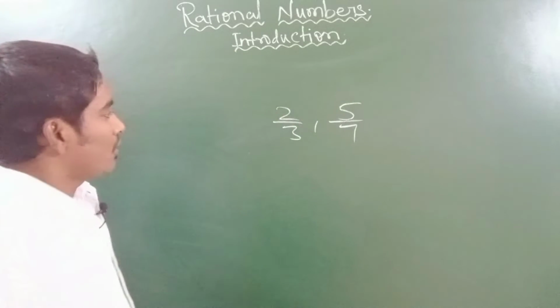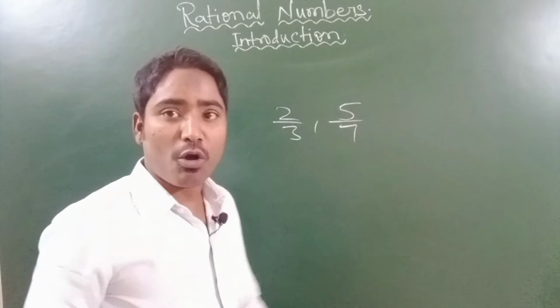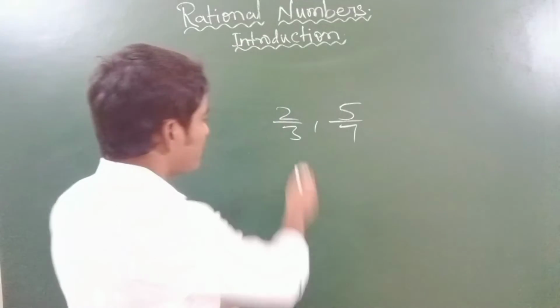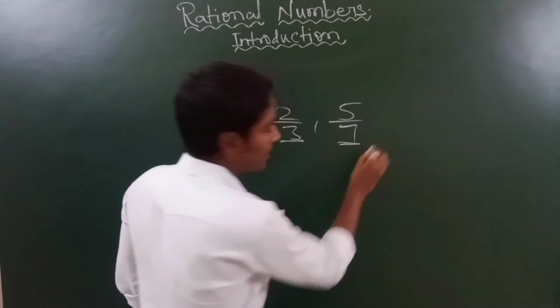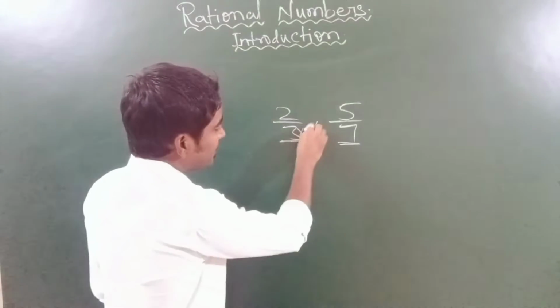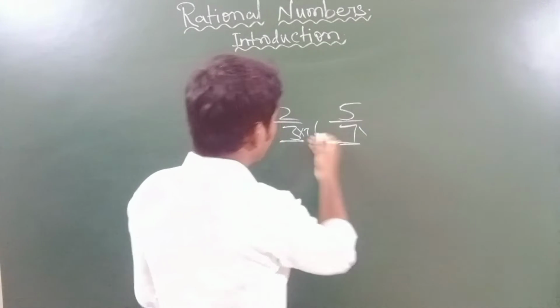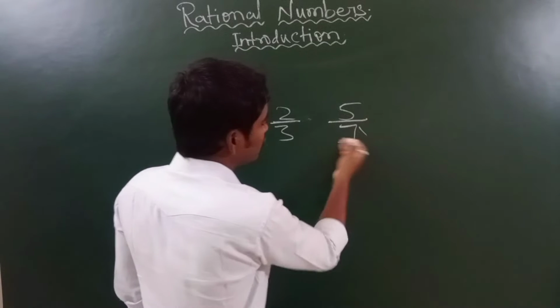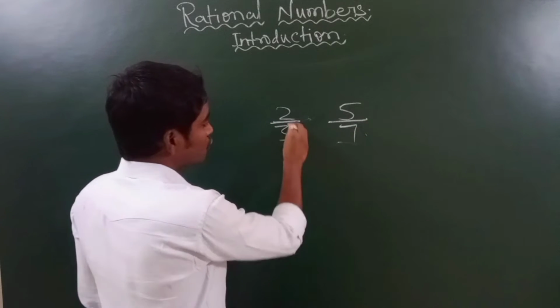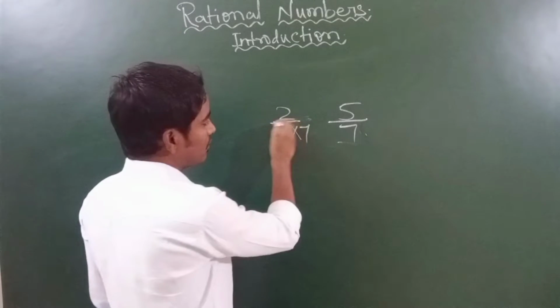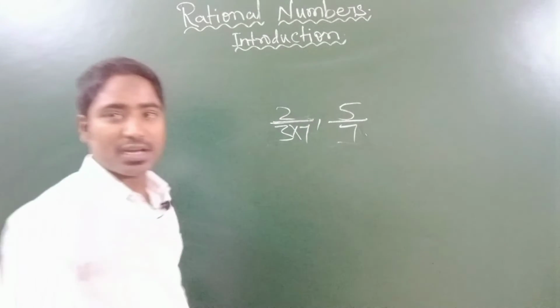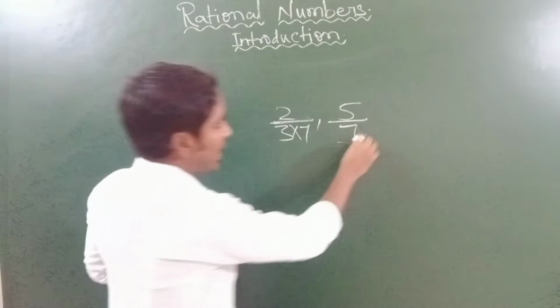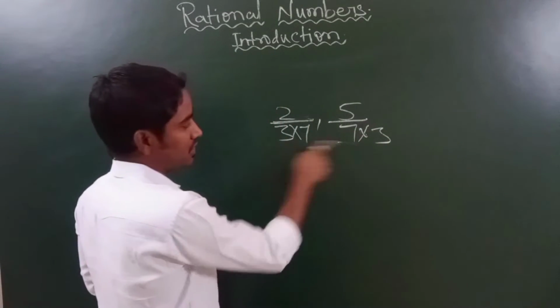ठीक है, तो how we were comparing the fractional number? So we were taking the LCM, है ना, or we were multiplying here by 7. Okay, and here also, or I will tell you from that method only. So 2 upon 3, and here suppose we are having 5 upon 7. So here we are multiplying by 7, here 7 is missing, and here we will multiply by 3, here 3 is missing.